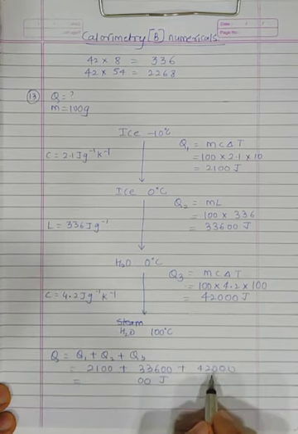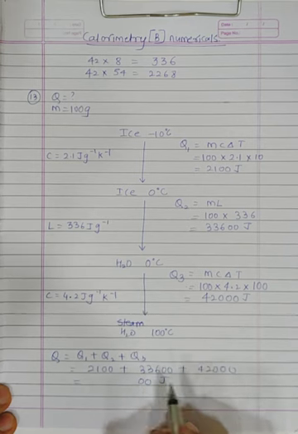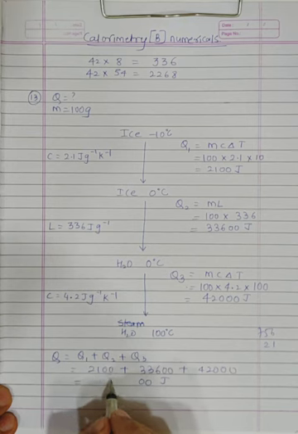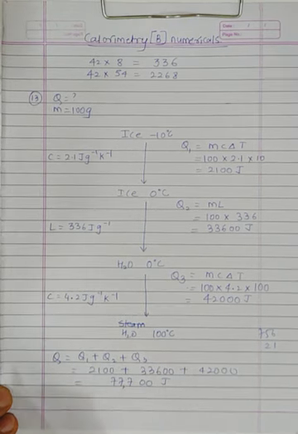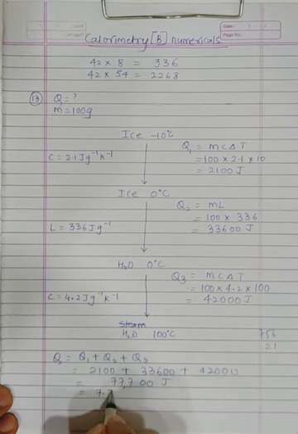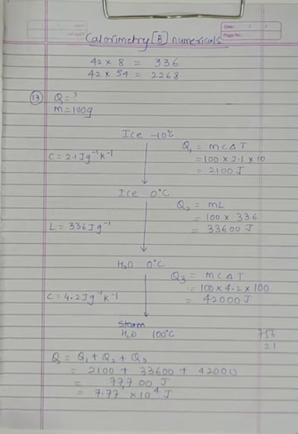Now 420 and 336, so that becomes what? 756. And then 756 plus 21. So you will get 777 joule. And if you want to show off, you can write 7.77 into 10 raised to 4 joule. That's a standard form.